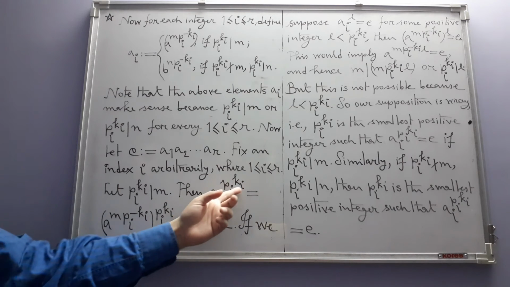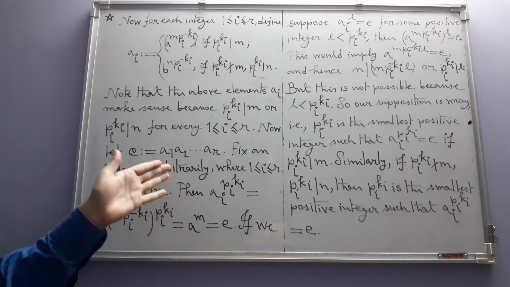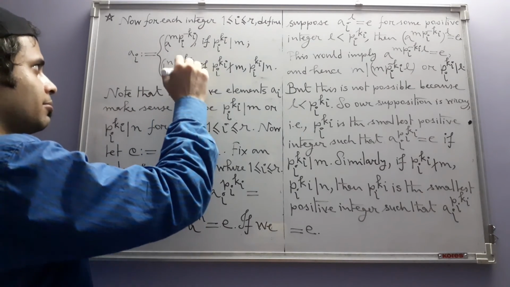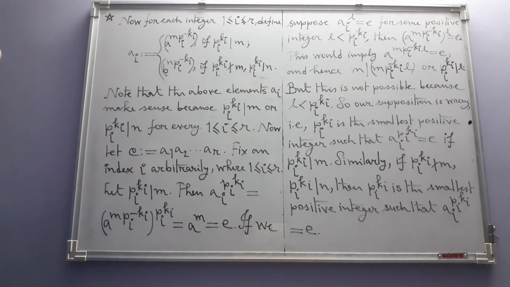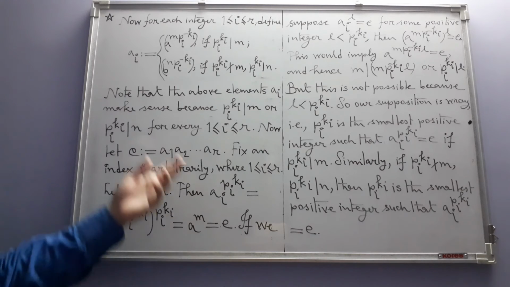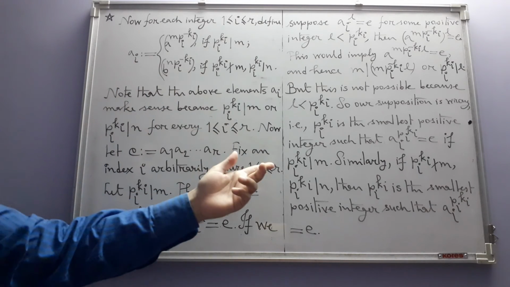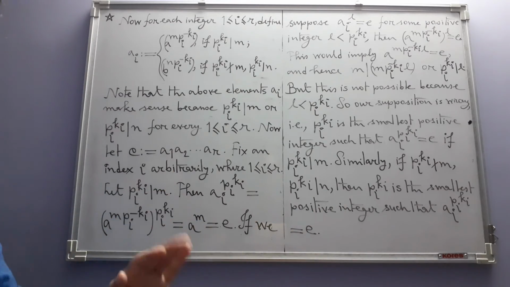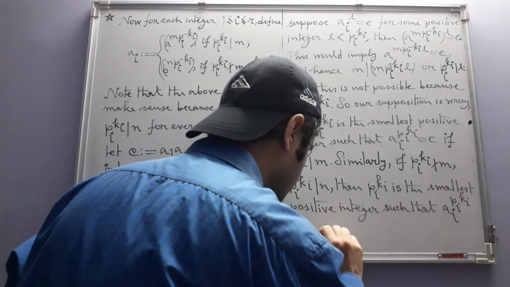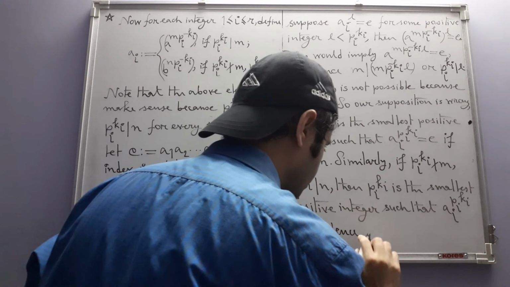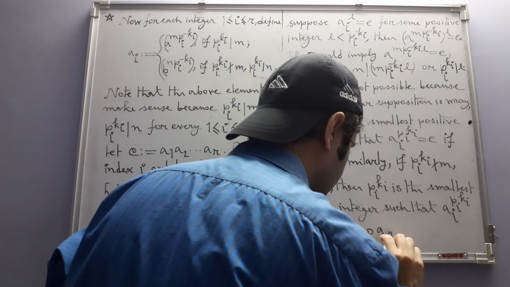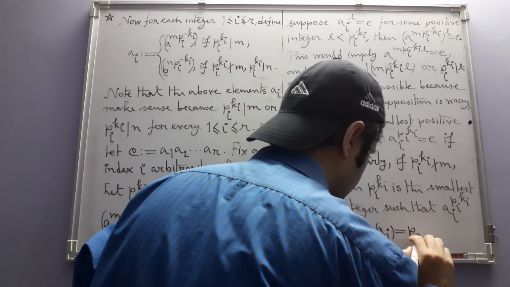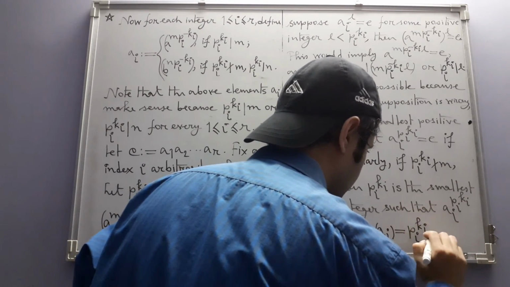You just don't consider a_i. Get the same thing for this other element also when this condition is true, and then you conclude that's why p_i to the power k_i is the smallest positive integer for which so and so happens. Hence, order of a_i is equal to p_i to the power k_i.